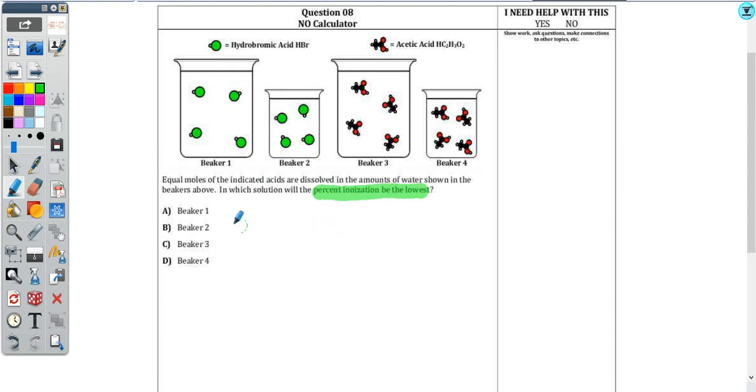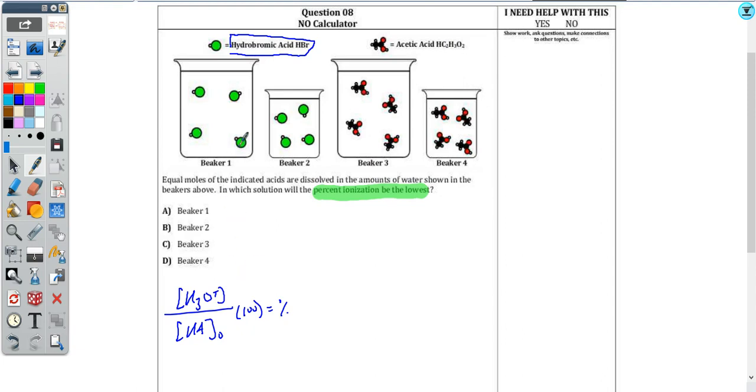So remember that percent ionization is the hydronium ion concentration over the initial concentration of the acid times 100 to get that percentage. So as I think about beaker 1 and beaker 2, I need to know that HBr is a strong acid. Without knowing that, I can't answer this question. So it's so important to memorize those 6 strong acids.